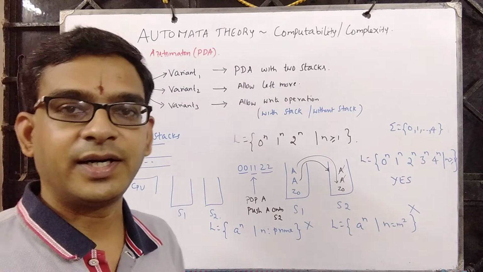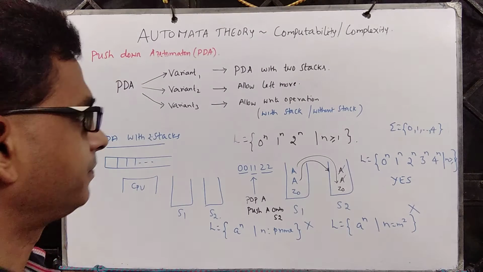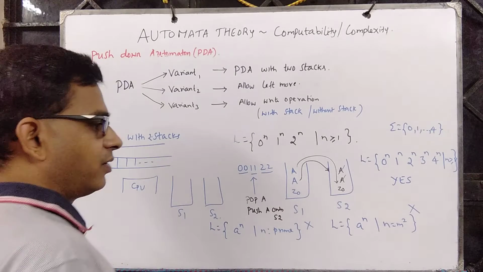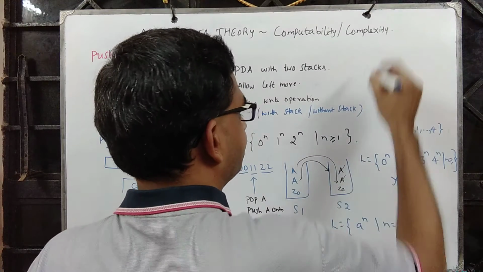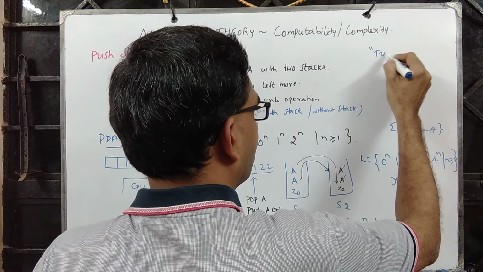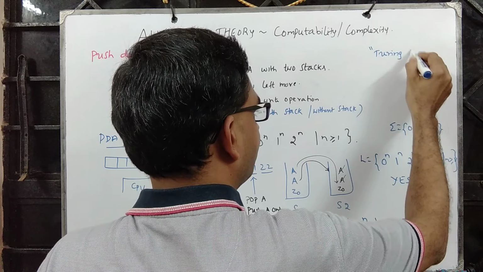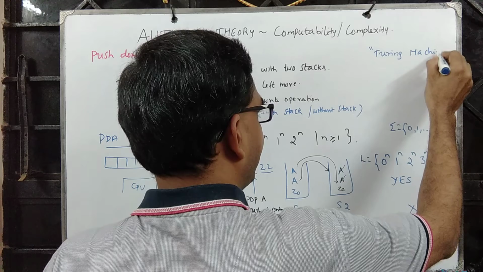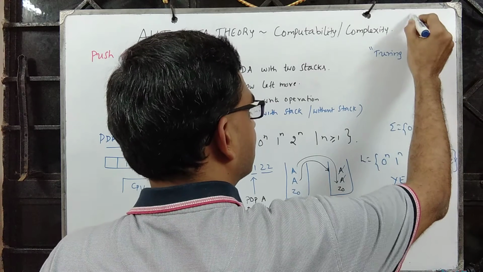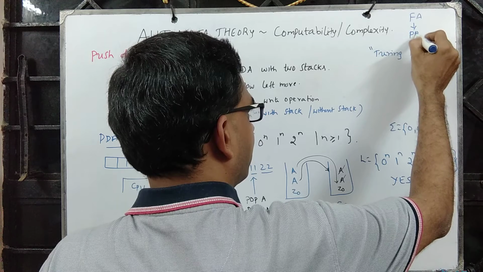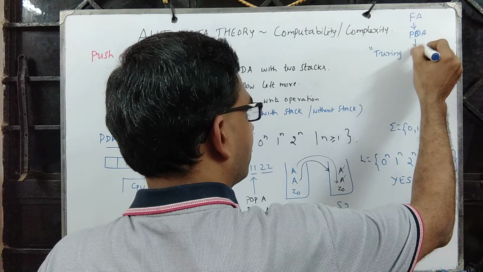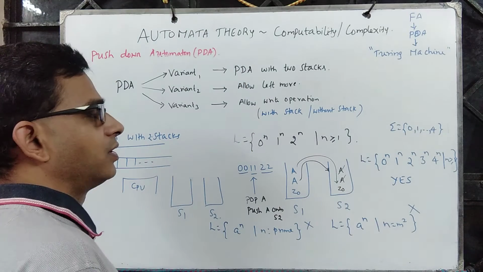Okay, so all that we shall see next. So we are going to see a machine called Turing machine, which is an extension of PDA. So it starts with FA, then PDA, then we go to Turing machine.